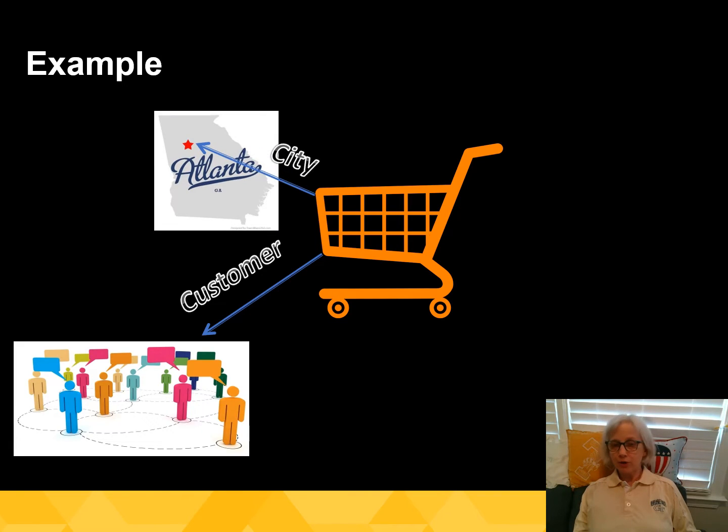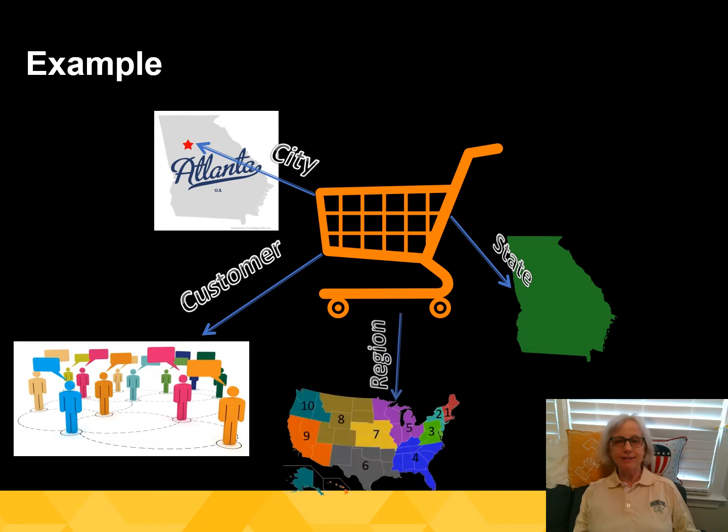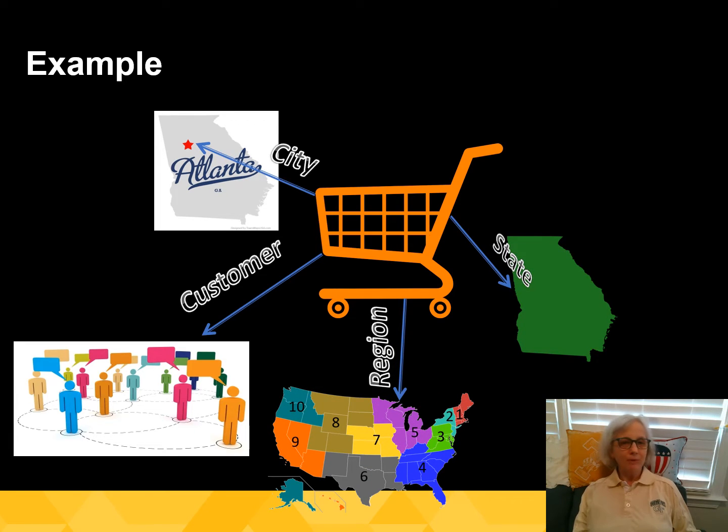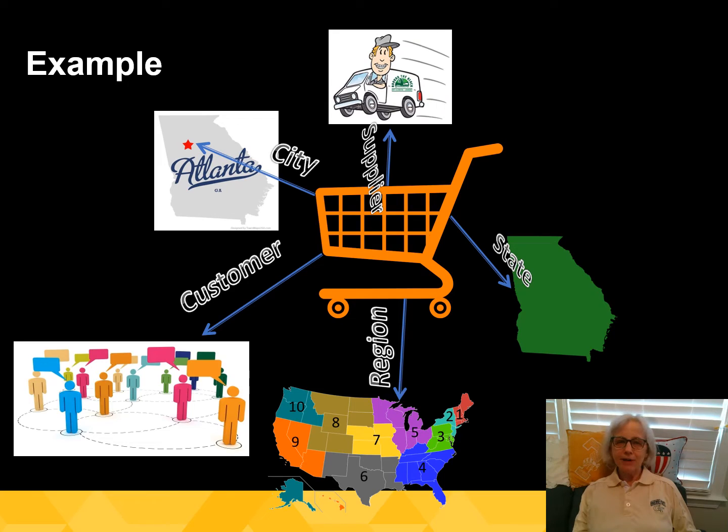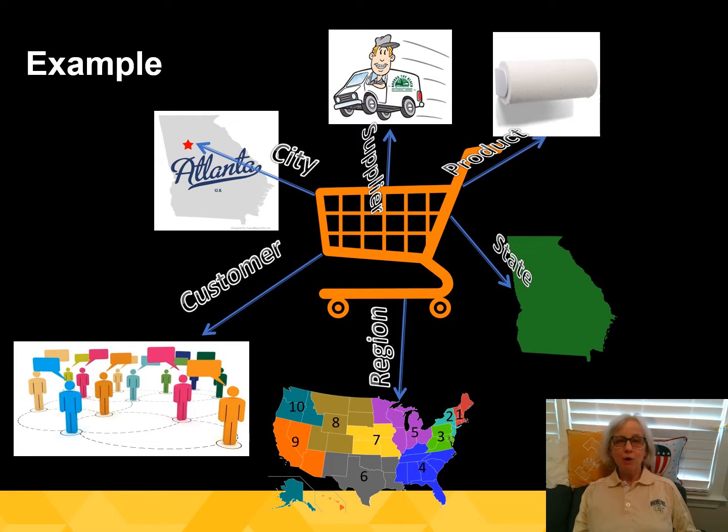We also want to know information about what is in stock at the city and state and region levels so that we can restock as needed to ensure our customers get what they need. At the same time, we need to understand what our supplier has available and what we need in terms of products. The units of analysis we use here will depend on our perspective and what problem we're trying to solve.